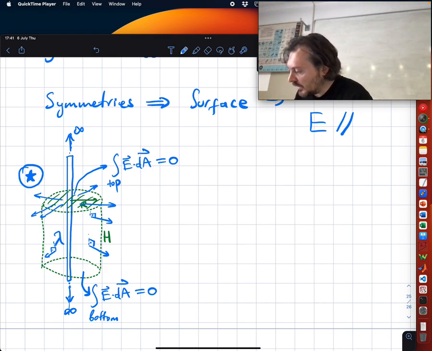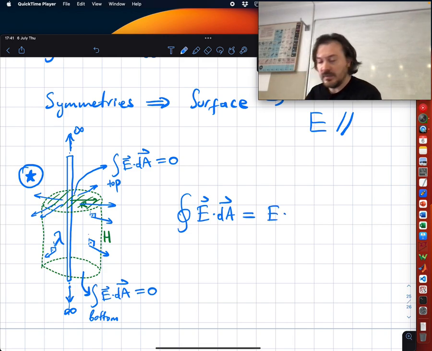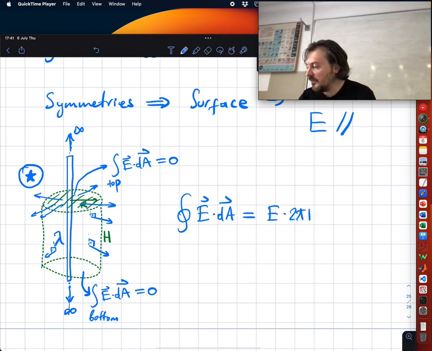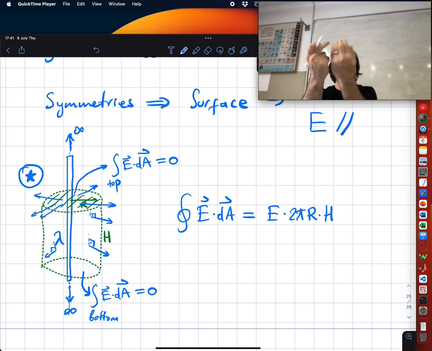Good. So our closed surface integral has only one term, and it comes from the sides, and it is E times, what's the area of the sides? 2 pi r h, right? 2 pi r is the length of the cylinder and h is the height.